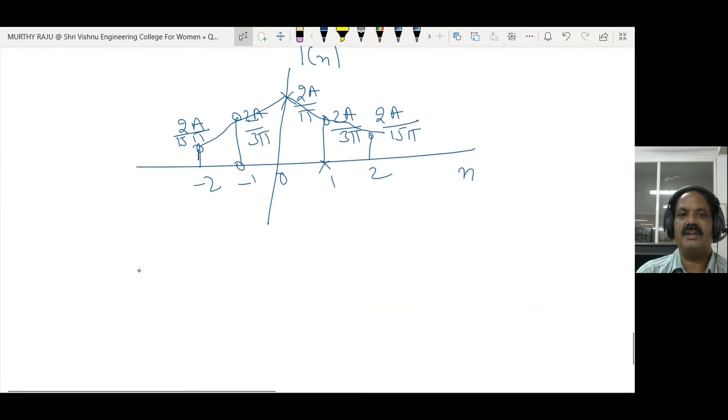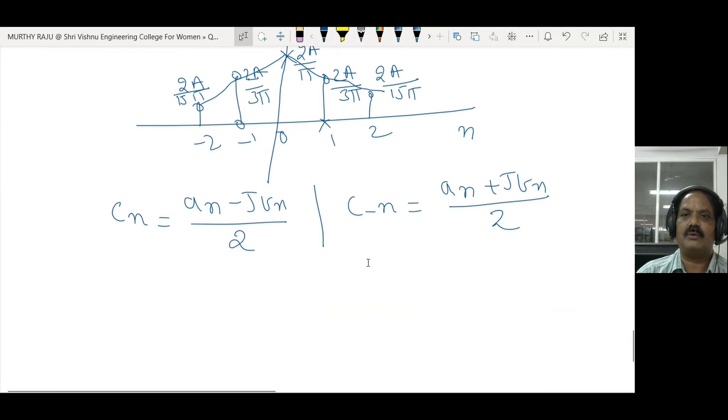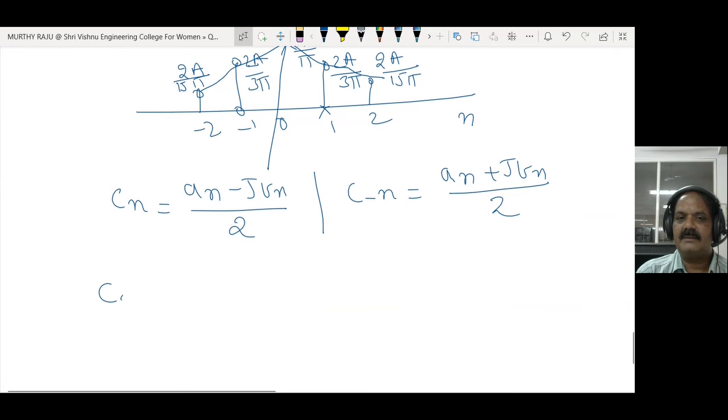Next, determination of Fourier series coefficients from exponential Fourier series coefficients. We know that Cn is equal to an minus jbn by 2. C minus n is equal to an plus jbn by 2, where an, bn are the actual Fourier series coefficients. Cn, C minus n are the exponential Fourier series coefficients. We know that Cn is equal to 2a by pi into 1 minus 4 n square cos n pi.